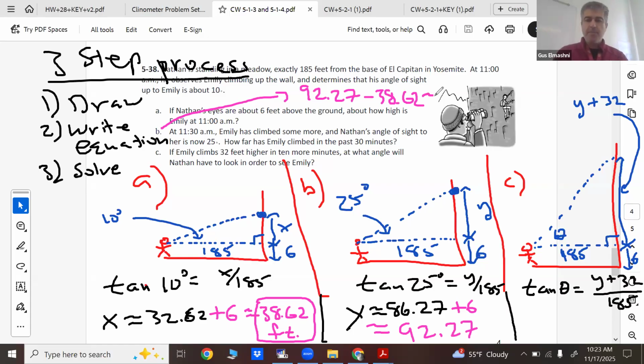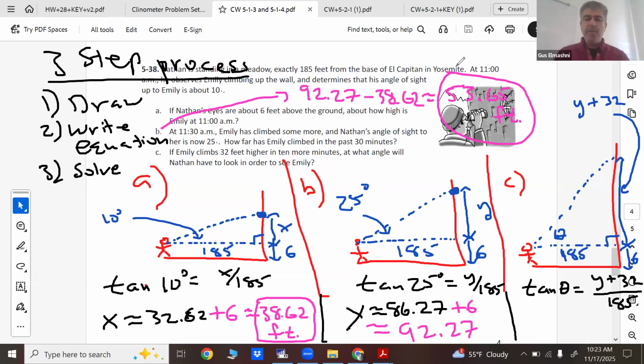So she climbed 59.65. I got 53.65. I could have made a mistake. It is 53.65, because I accidentally put 32 in. So see, I made a careless error too. Yeah, 53.65 feet. Cool. So that's part B.